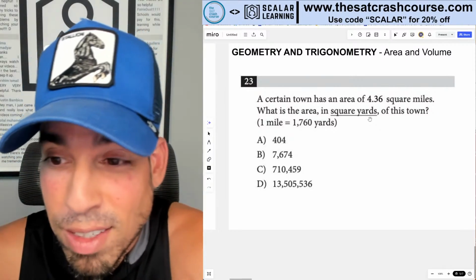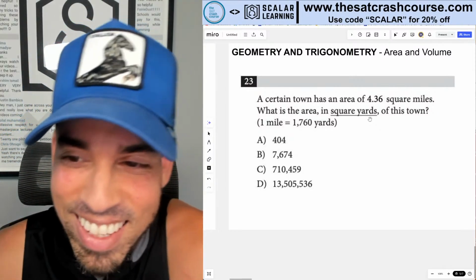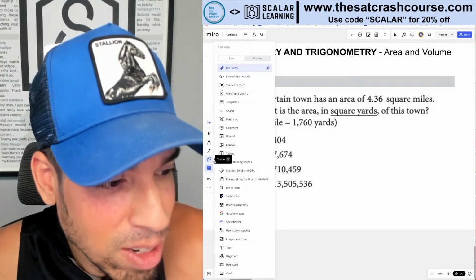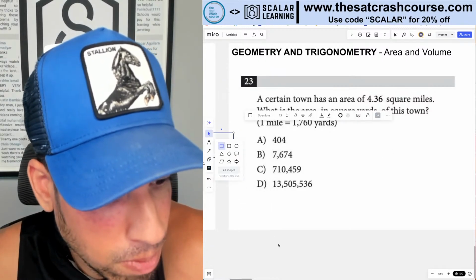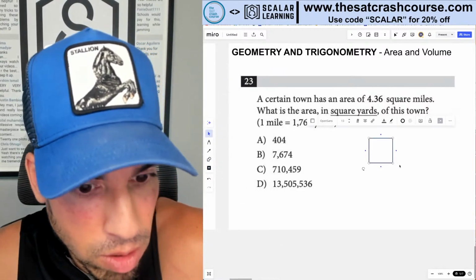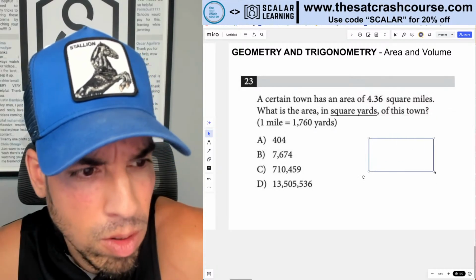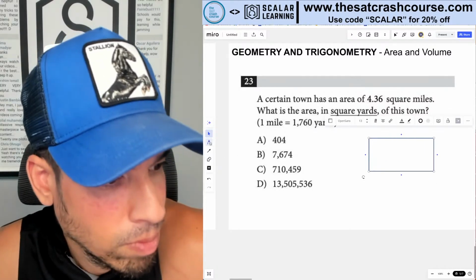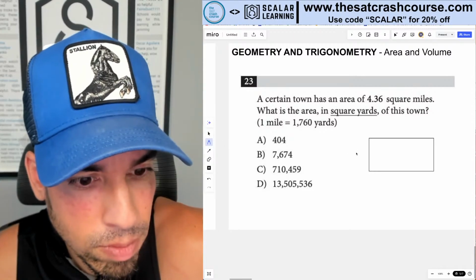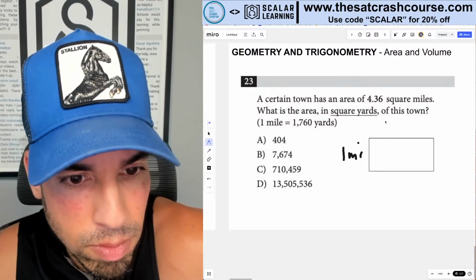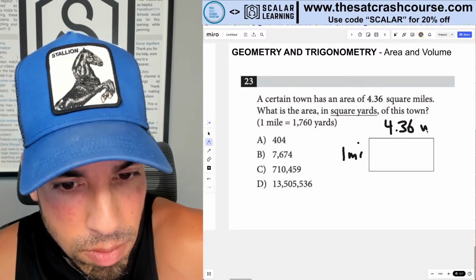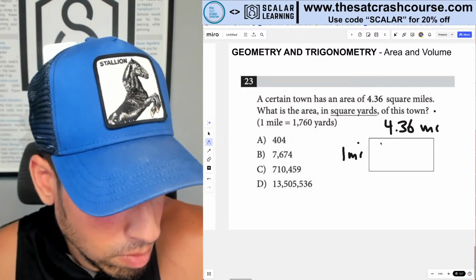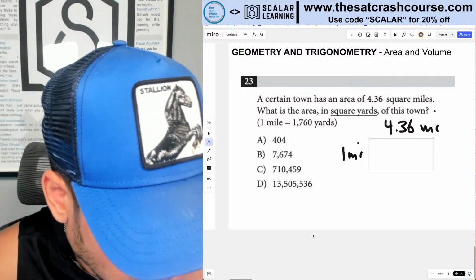And by the way, I have not done this problem yet, so I don't even have an answer. I've done it before, though, this one. I just can't remember. Here, I'll start to make a diagram.